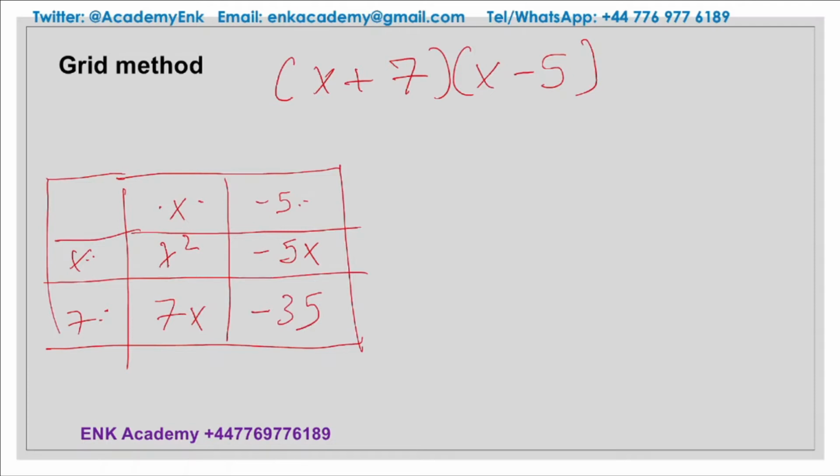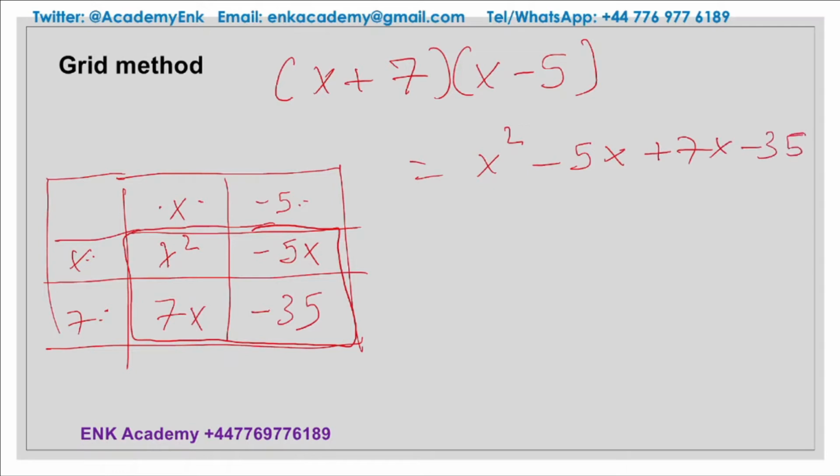And we can then add all the terms inside this grid. What we will have is x squared minus 5x plus 7x minus 35.